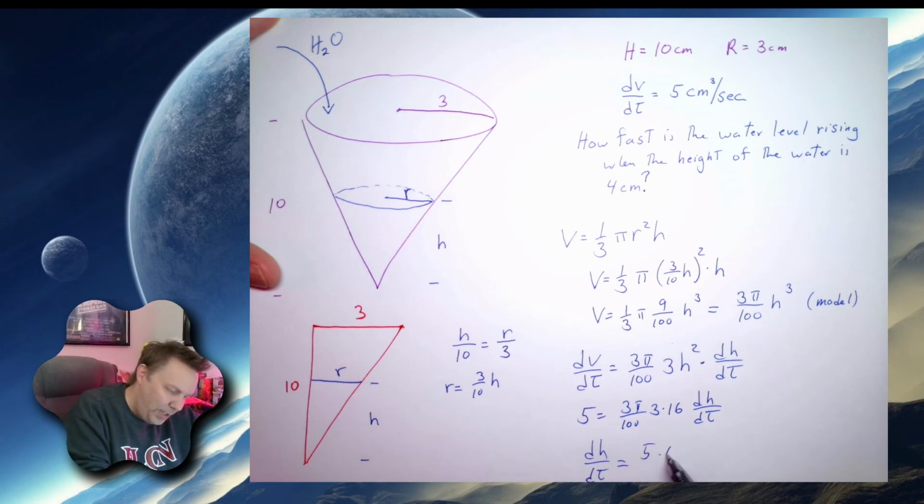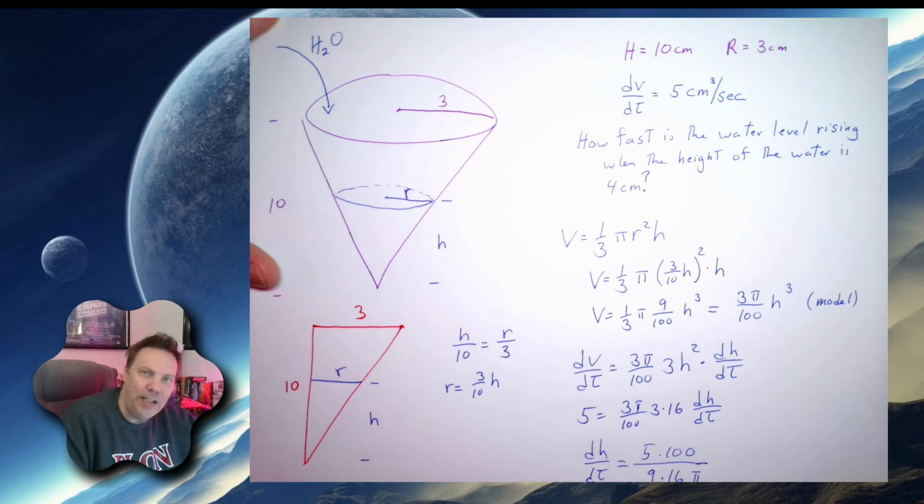And this looks like 5 times 100 over 9 times 16. And make sure you don't forget the pi in the denominator. I'm not going to calculate this right now. I'm not going to simplify it right now. You can do that on your own.